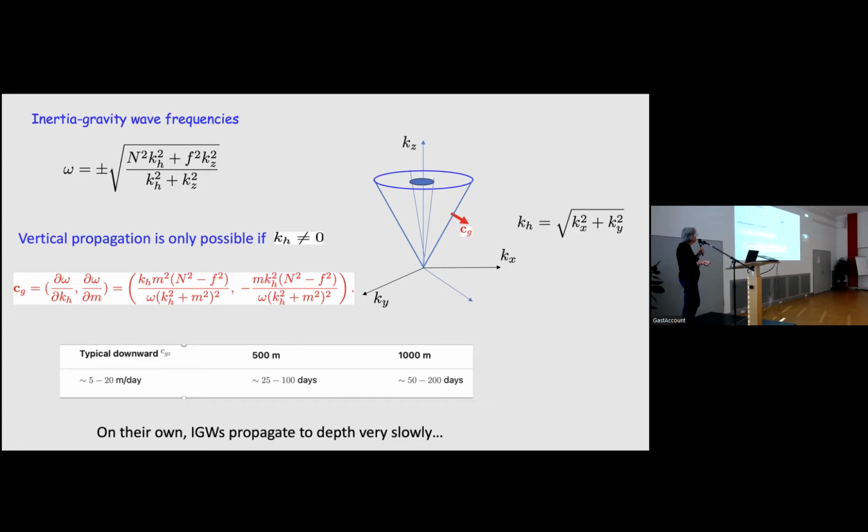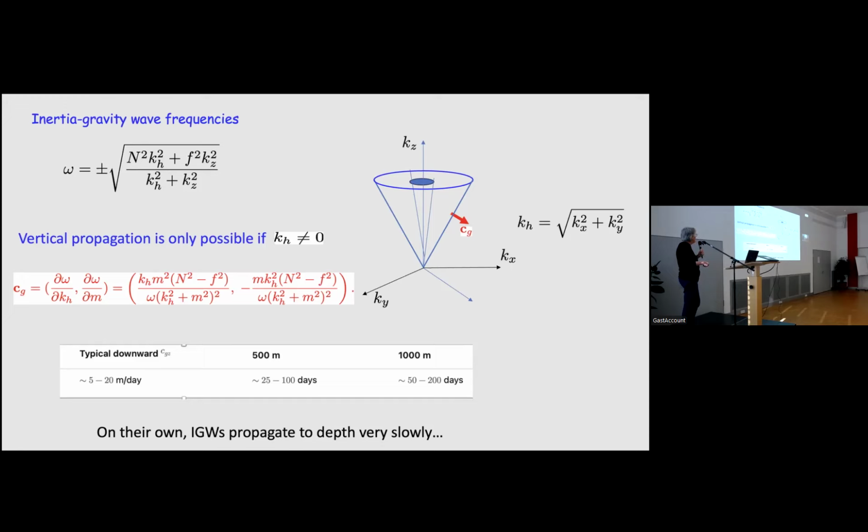is quite small. Here I've given you typical vertical group velocities for waves alone. It's typically 5 to 20 meters a day, and it takes 25 to 100 days to reach 500 meters. It can take much, much longer to get down to 1,000 meters.